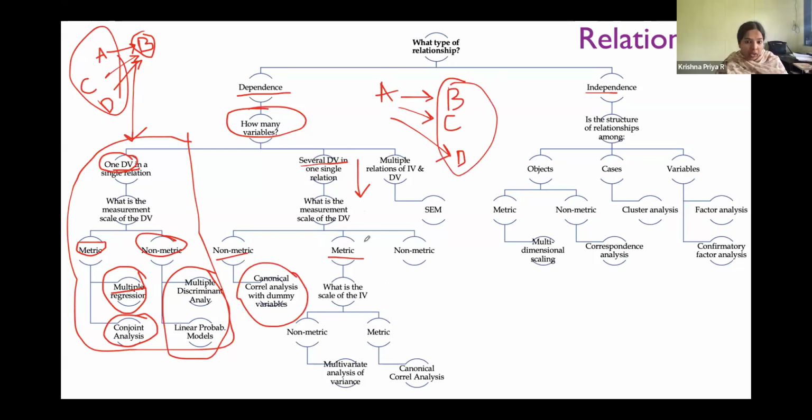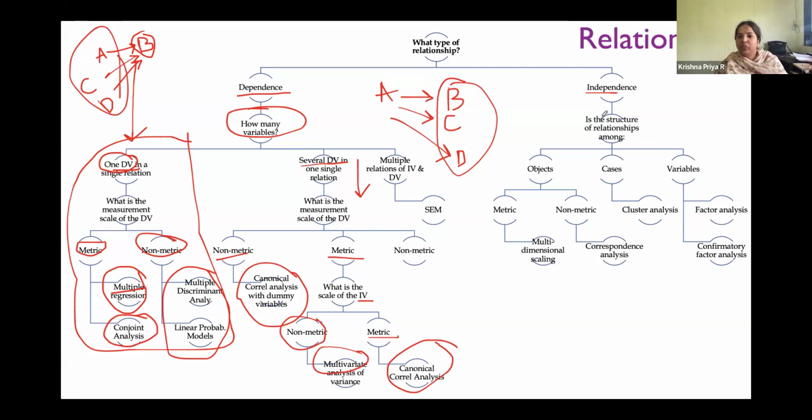And if it's metric data, then we need to identify, fine, the dependent variable is metric, but what is the independent variable? If the independent variable is also metric, then we again go for canonical correlation analysis. And if the dependent variable is metric but the independent variable is non-metric, then we go for multivariate analysis of variance.